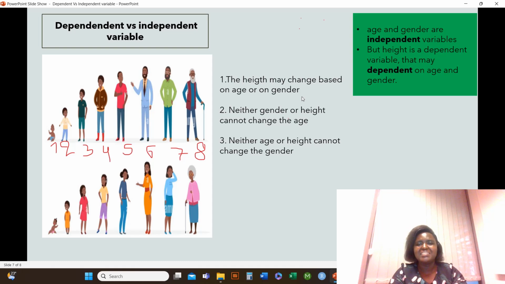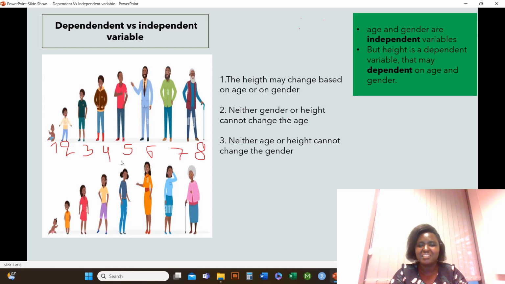But again, the age cannot change based on gender or height. The age will never change. This also applies to gender. Whatever the age we have, whatever the height we have, it will not define our gender.